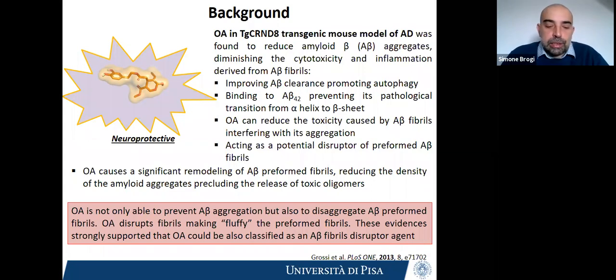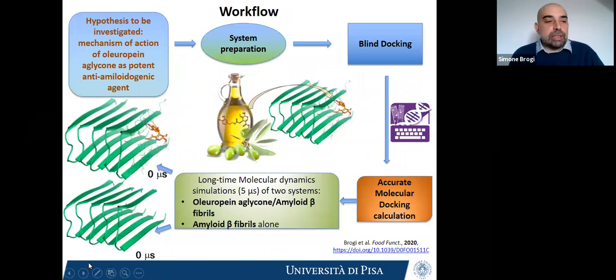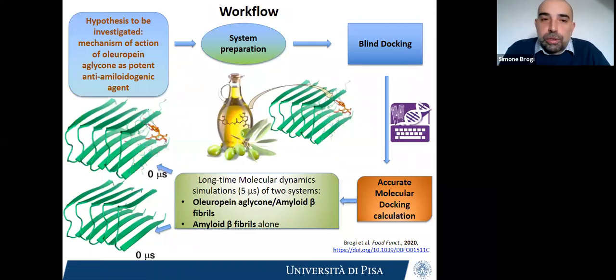These evidences demonstrated that oleuropein aglycone can also be classified as an amyloid beta fibrils disruptor agent. Accordingly, this interesting effect can be explored by using computational techniques at the molecular level. And this is the aim of my work.